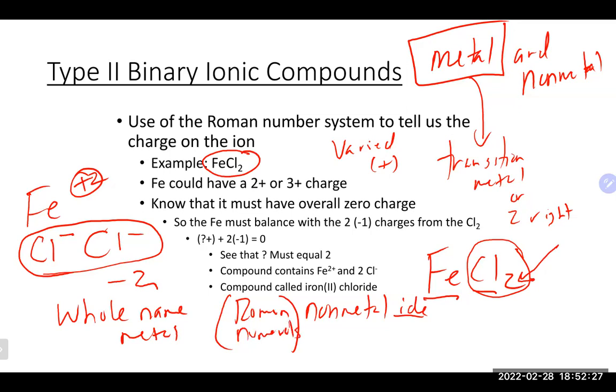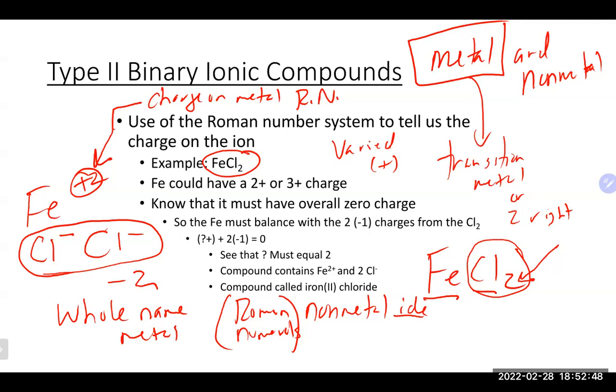And what does the Roman numeral indicate? The Roman numeral indicates the charge on the metal. It does not indicate how many you have, which is a very common mistake people make.